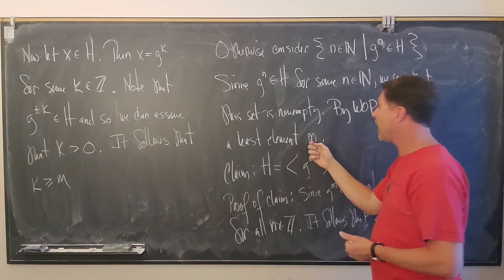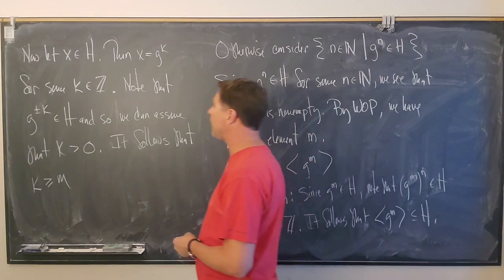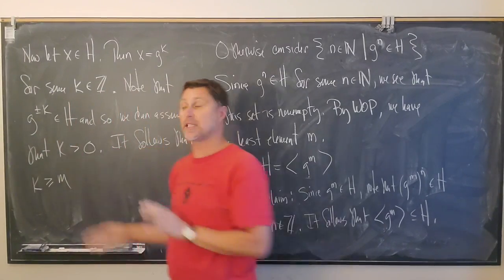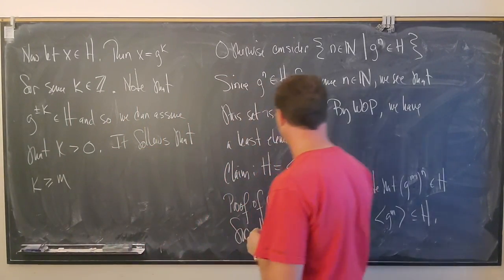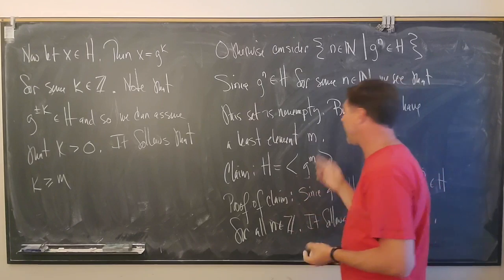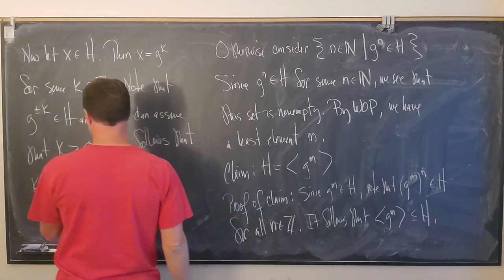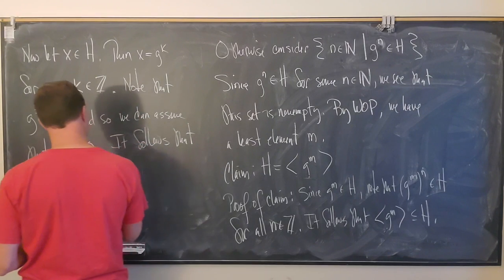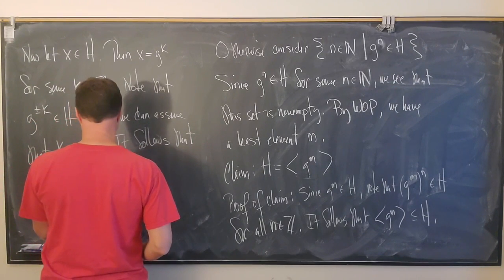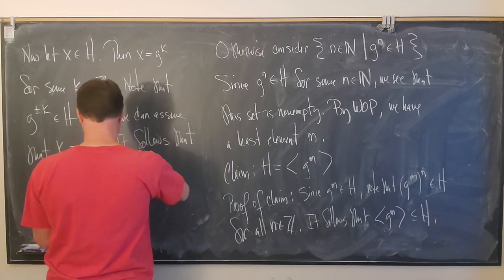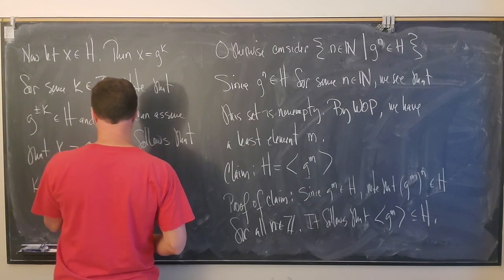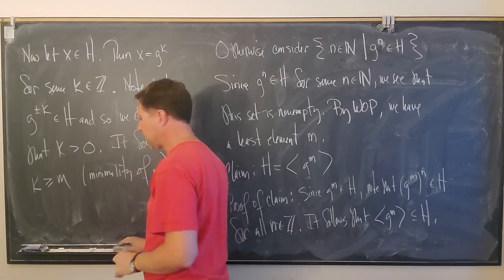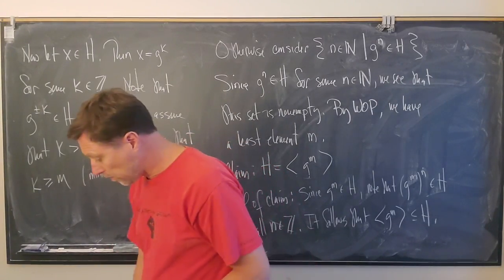And so anytime we have a positive integer so that g raised to that positive integer lives inside H, that means that k has to be greater than or equal to m. The reason is by minimality of little m. So k has to be greater than or equal to m.